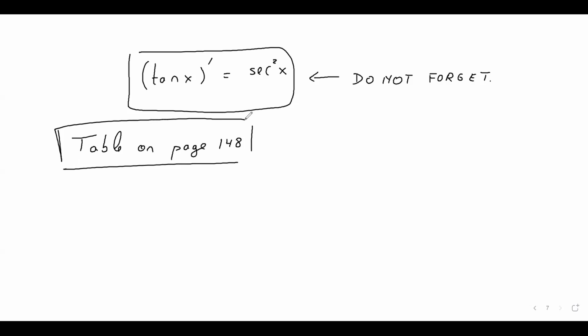Now, depending on the instructor, different people have different policies. In my class, I will say you don't need to memorize the formulas on the right side of the table. That's the derivatives of cosecant, of secant, and cotangent. There's the so-called co-functions, because you will not use those very often in practice.